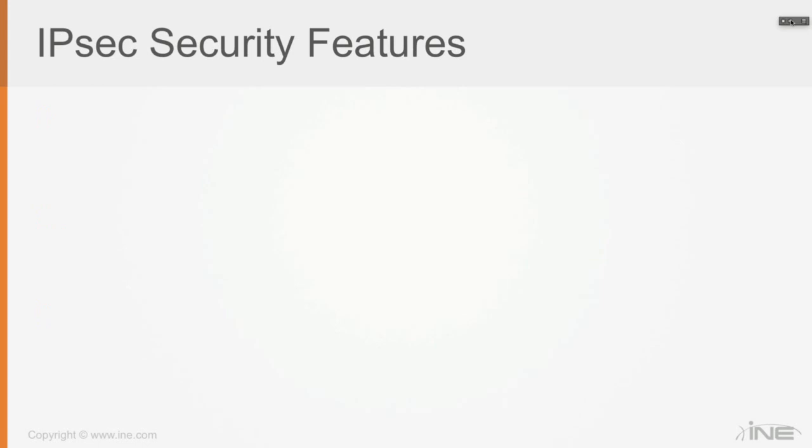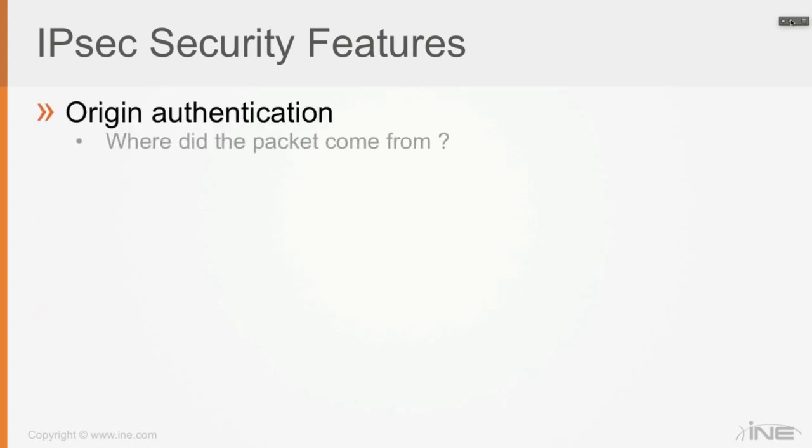Now, let's see what security features IPsec can add for IP traffic, IPv4 or IPv6. You need to make sure that it provides origin authentication. So when the VPN tunnel is being built, we need to make sure that as packets flow through that IPsec VPN tunnel, we authenticate the source. We want to make sure that the packet came in from the remote user or from the remote site of ours.